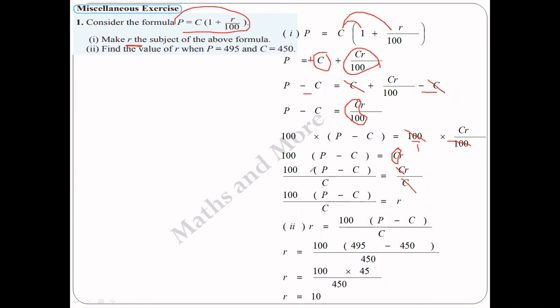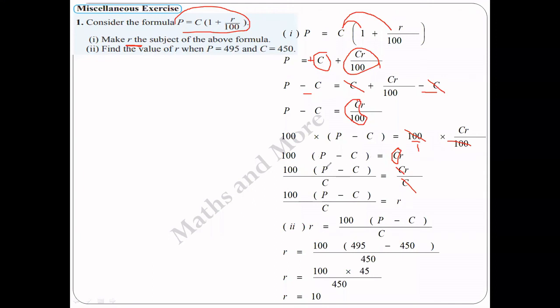If C was outside as a common factor, then you can cut that C. But here, if you cut this C with this C, that is wrong, because there are two terms here.